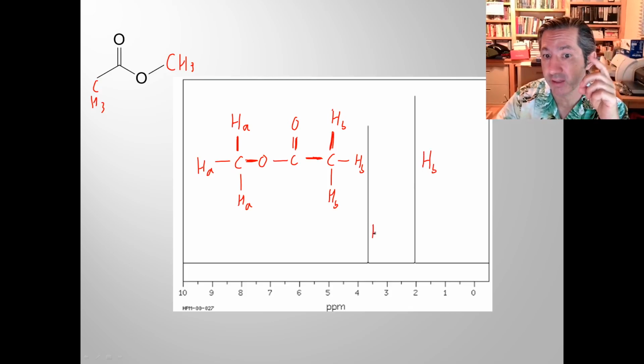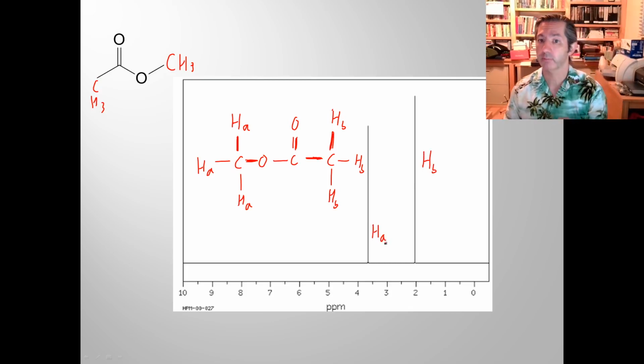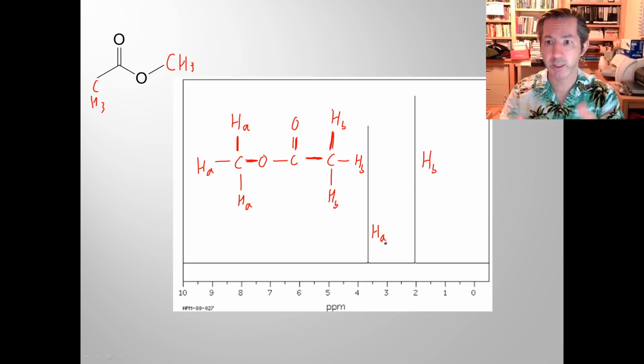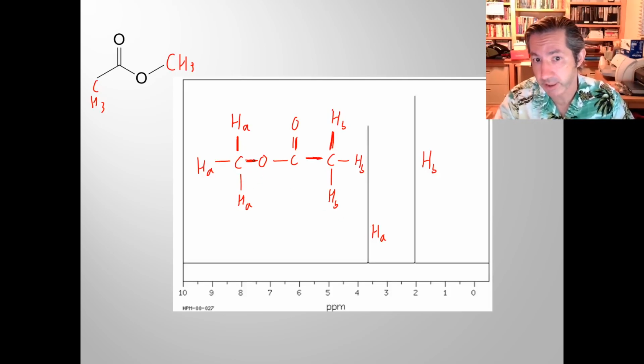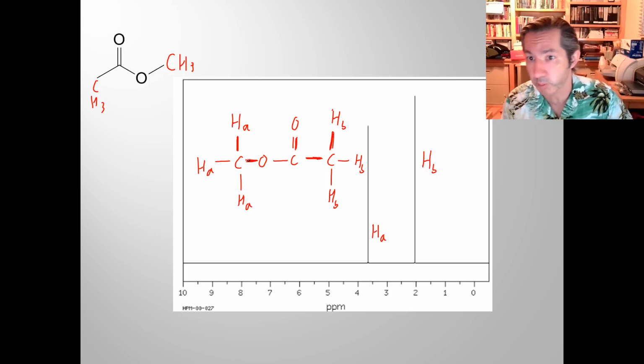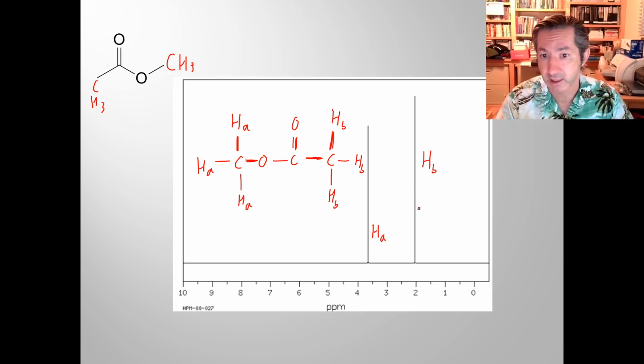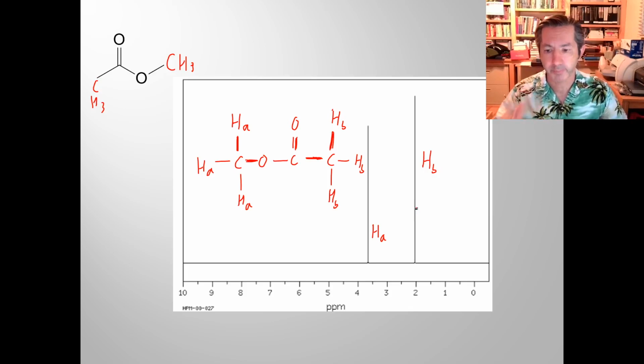HA is going to feel the effect of those oxygens more. 2 types of hydrogen, 2 signals. Useful piece of information there. And if you look on your correlation table, you'll see this is the type of hydrogen that will show up between 3.5 to 4.8. And this is a type that will show up around 2 to 2.5.